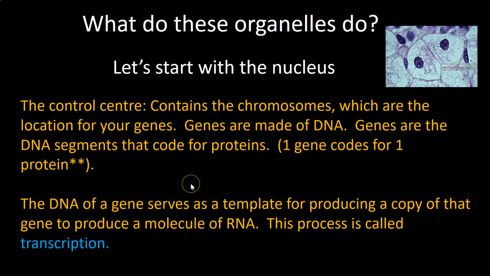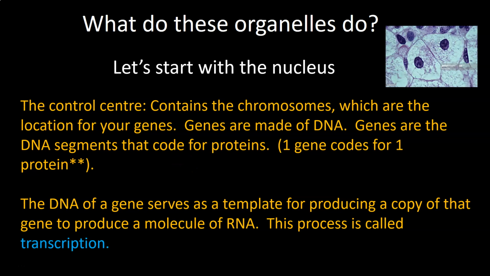Now, I wanted to talk about transcription here. We've talked a lot about instructions. The source of these instructions all exists in the nucleus. A gene is basically a set of instructions that tell the cell which protein to produce.